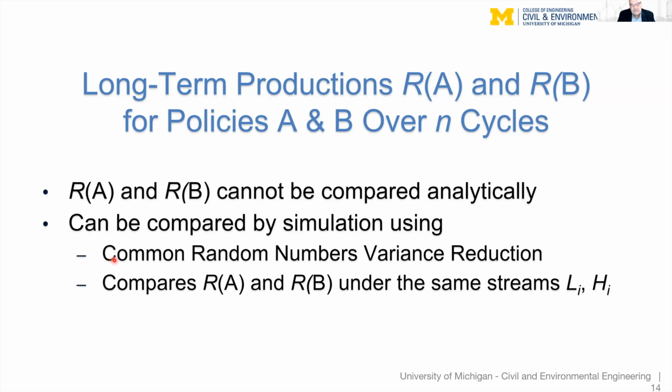We also have to implement what is known as the common random numbers variance reduction technique, so that the two policies will be compared under exactly the same streams of the load and hole activity durations. So the Li and the Hi will be exactly the same when we figure out the long-term production of policy A and of policy B.